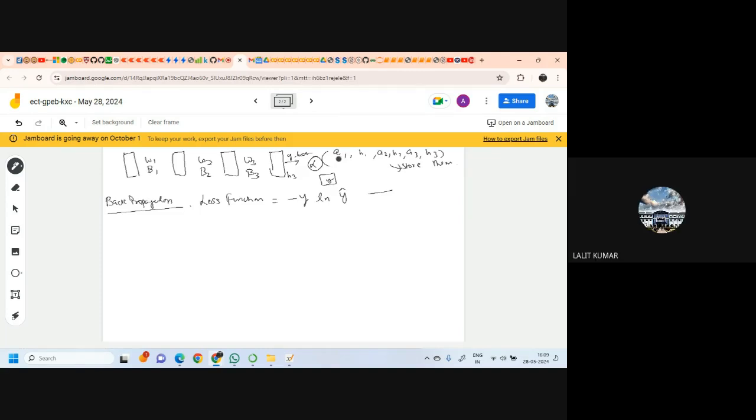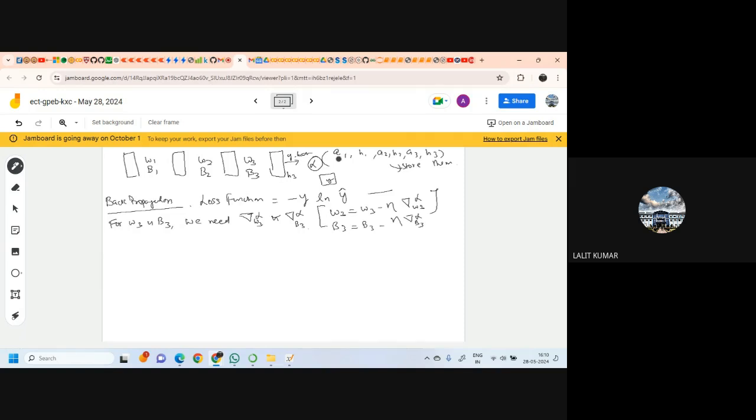So we start with W3 and B3. For W3 and B3, we need gradient of loss with respect to W3 and gradient of loss with respect to B3. And then W3 will become W3 minus learning rate into gradient of loss with respect to W3, and B3 becomes B3 minus learning rate into gradient of loss with respect to B3.